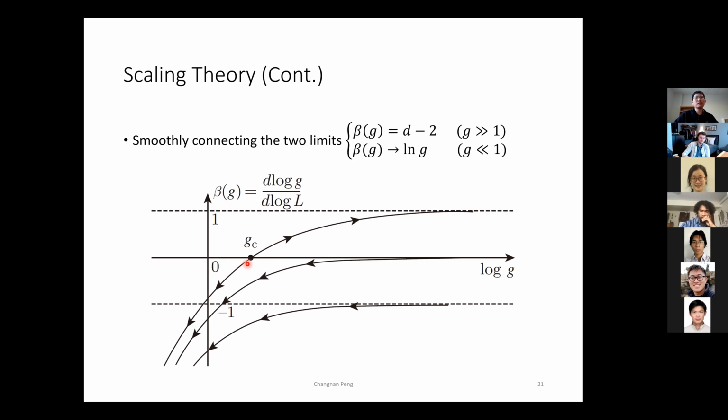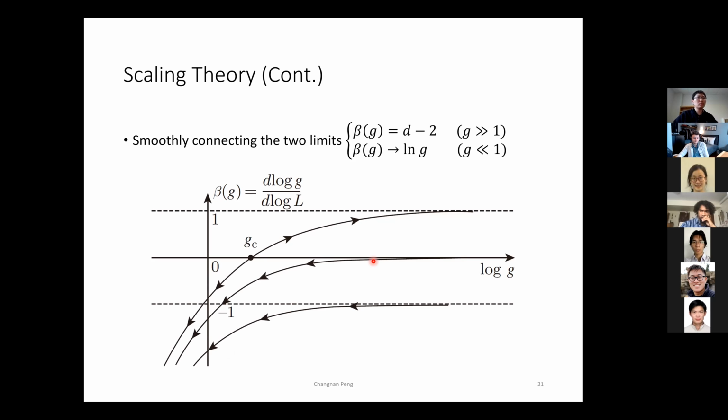And if we start with a negative beta, then it flows to G equals 0, the localization limit. This is the case in 3D, but in 2D and 1D, we always flow to the localization limit, which means we always have localization no matter how weak the disorder is.